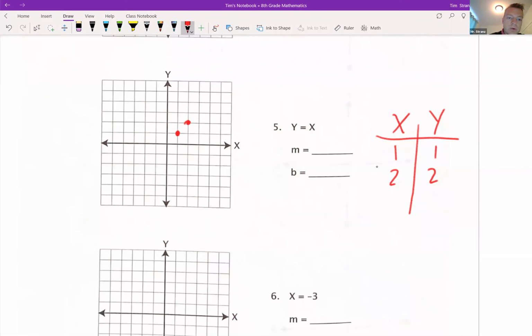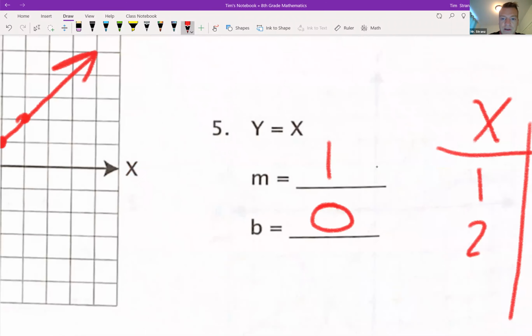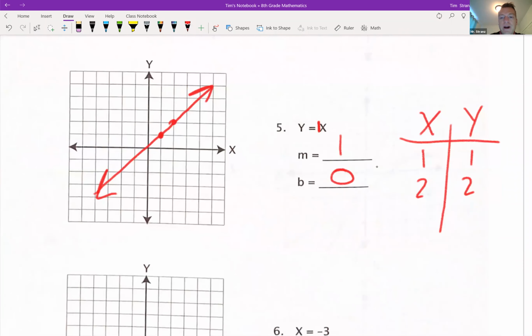Our line is going to go right through the origin, which means our y-intercept is going to be 0. Our slope is going to be, if you go up 1 over 1, we're going to have a slope of 1. Remember, if you just have an x, there's always an invisible 1 right in front of it, right? So it's really 1x, but we don't write it like that in mathematics, okay?